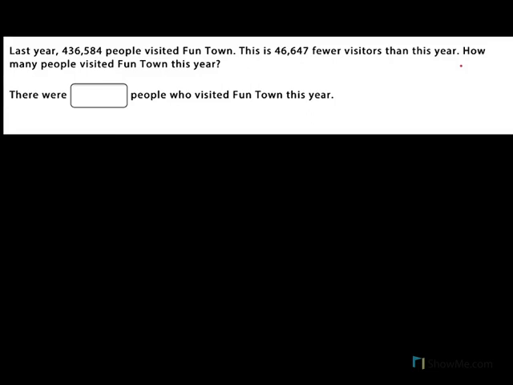Let's go ahead and circle. We're going to circle our numbers. And we're going to underline any key words. I see fewer, and I see how many. Okay. Let's see. So let's think about what this problem is asking.